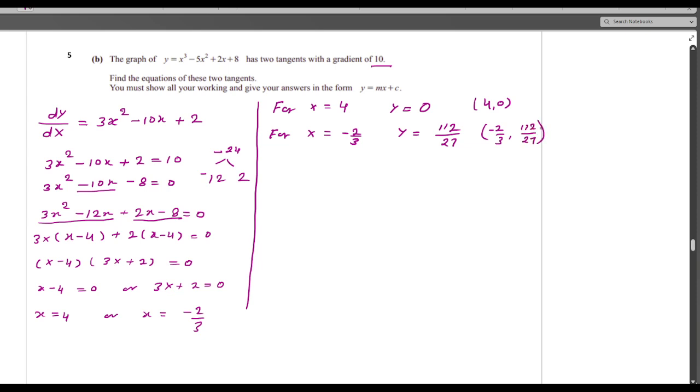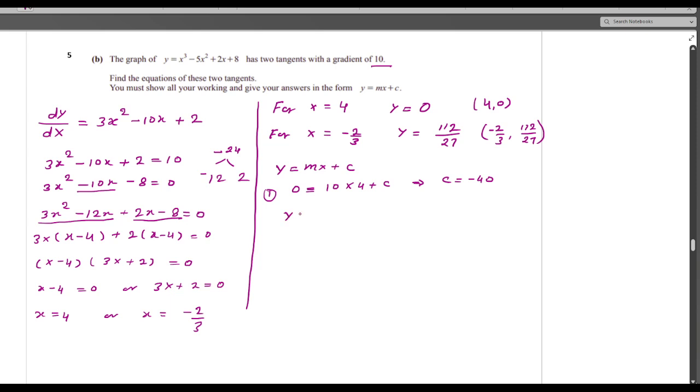Now your equation of tangent is of the form y equals mx plus c. For the first line, I will consider this point 4, 0. So 0 is equal to, now the value of m is 10, so it is 10 times 4 plus c. This gives you c equal to minus 40.